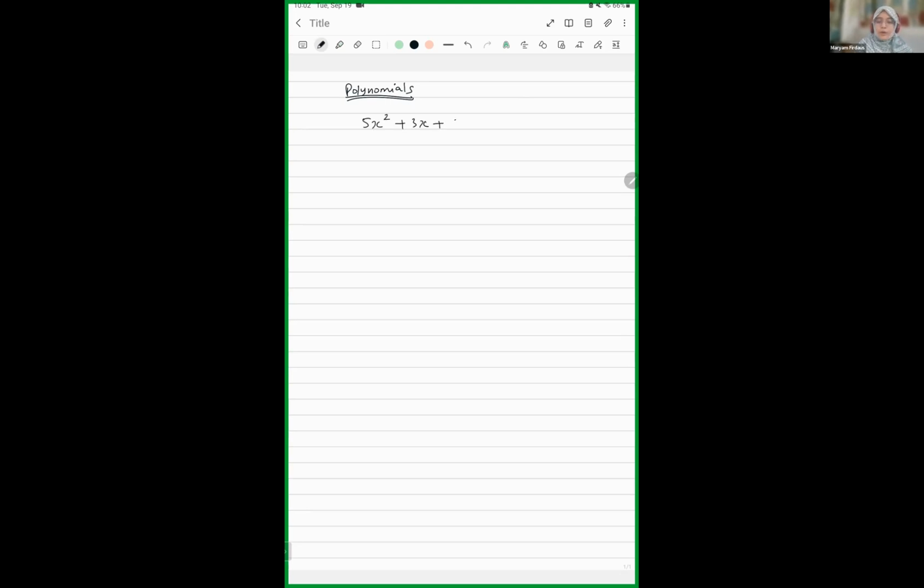This is also a polynomial, even though it doesn't have 5 terms, its degree is not 5. Its degree is not more than 3, right? Its degree is 2. So this is a polynomial of degree 2, and this is called a polynomial in x. So we name this polynomial p of x.